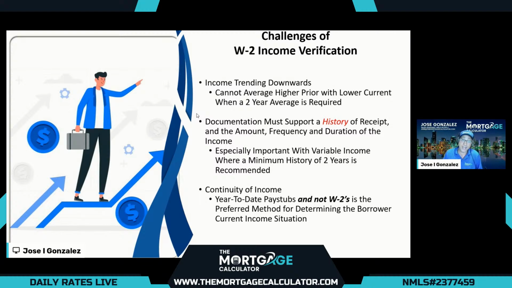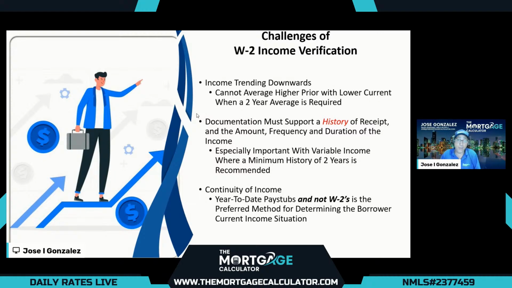But at that point, you're going to have to use that 2023 overtime only, because that's the lower of the two figures. You can't average the higher prior with the lower current. And then your current overtime has not yet been reported to the IRS, so you're probably not going to be able to add that to the mix to bump up your average.